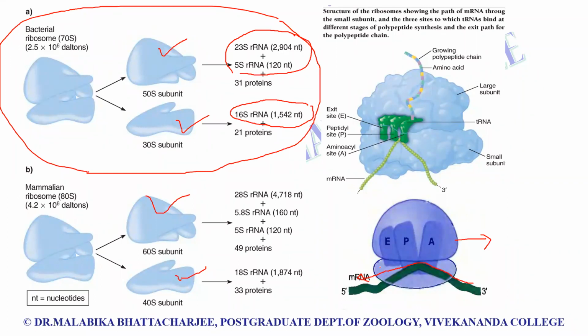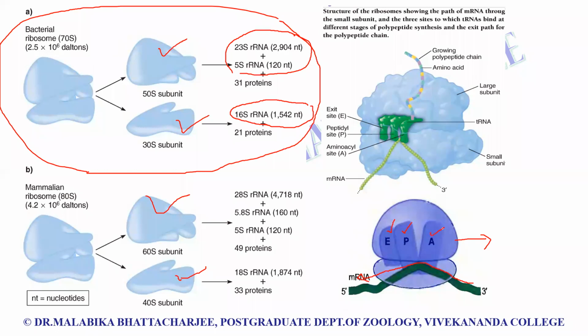And as you can see, specific sites on the ribosome bind tRNA at different stages of polypeptide synthesis. So we have an E site, which is the exit site. We have a P site, which is the peptidyl site. And we have an A site, which is the amino acid site.